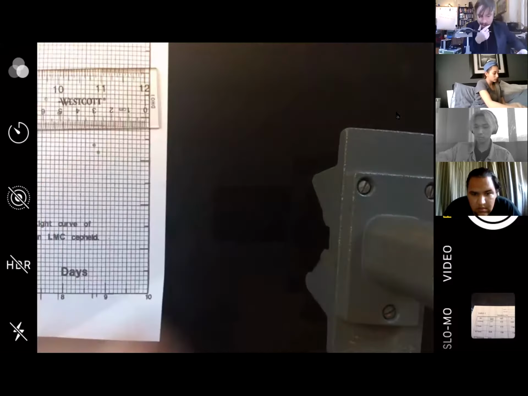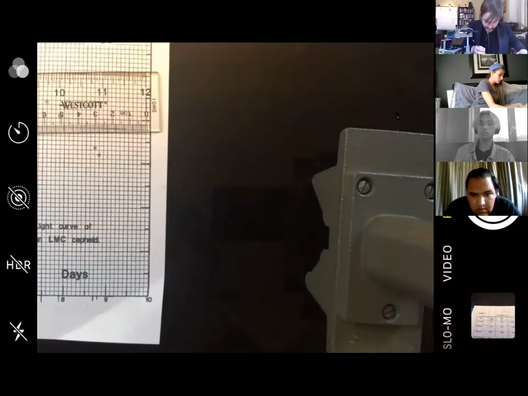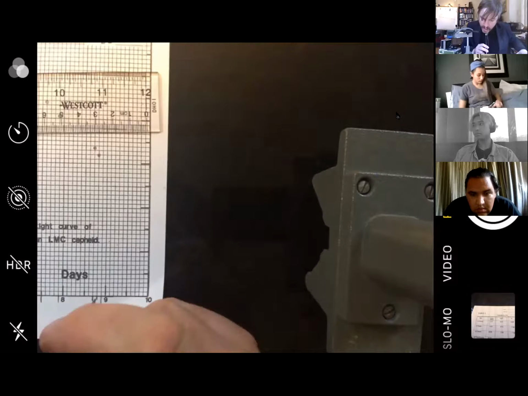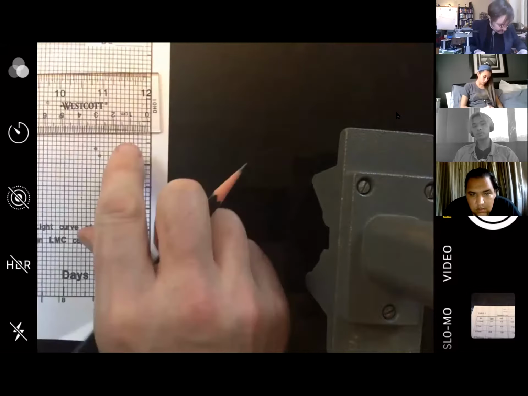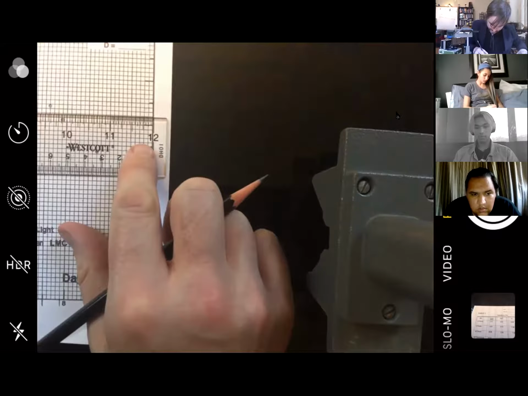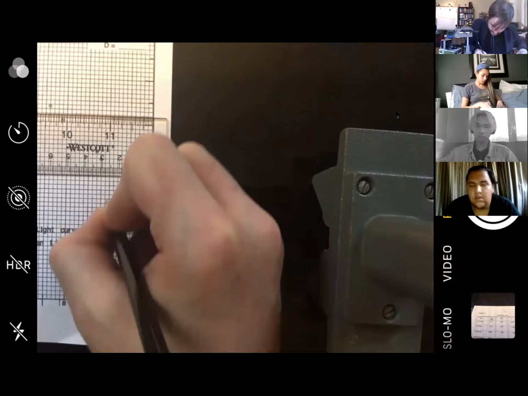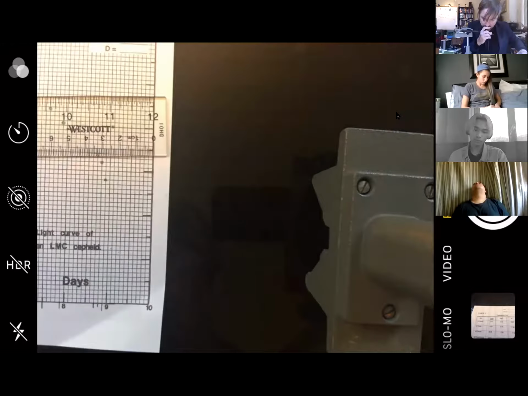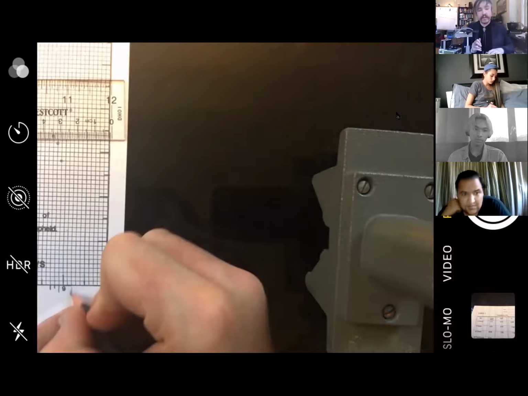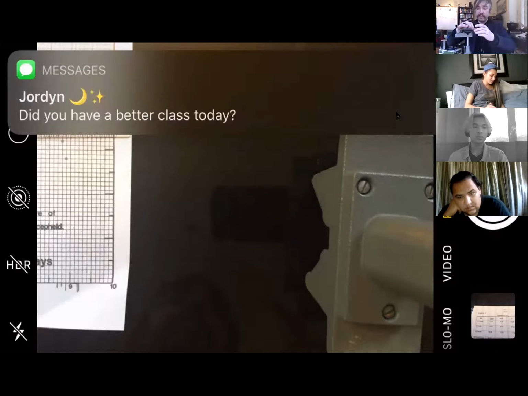Okay. 8.9. 15.64 is 2 ticks below 15.6. 9.2 and 15.7. Last point, 9.2.